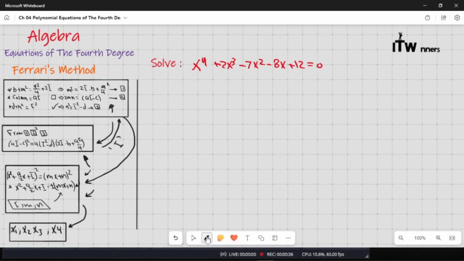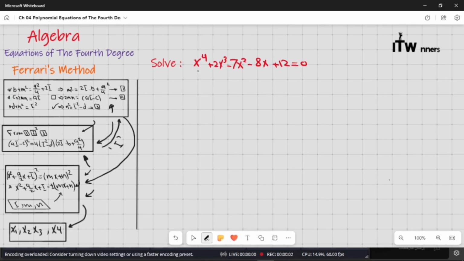Okay, so here we have a leading coefficient equal to 1, so no need for division. So we have a equal to 2, b equal to -7, c equal to -8, and d equal to 12.